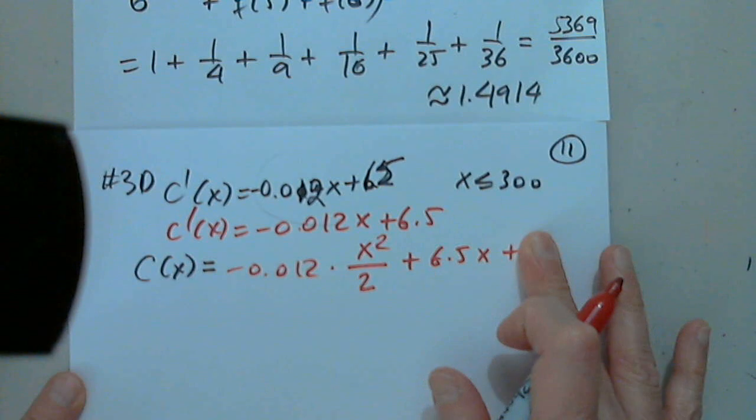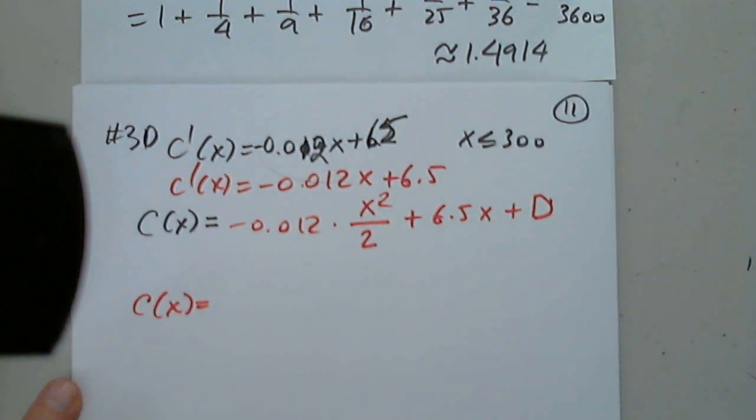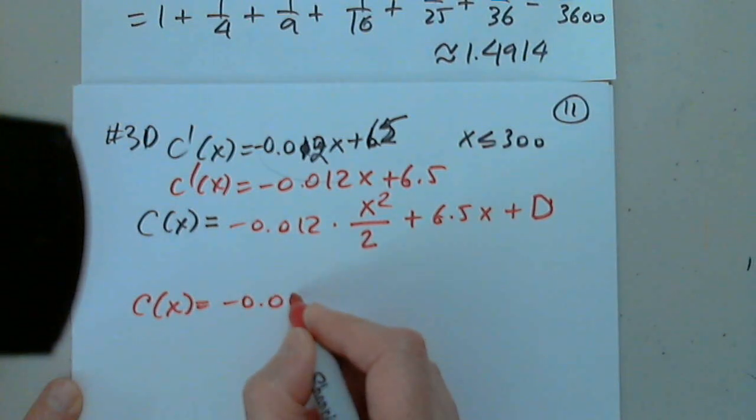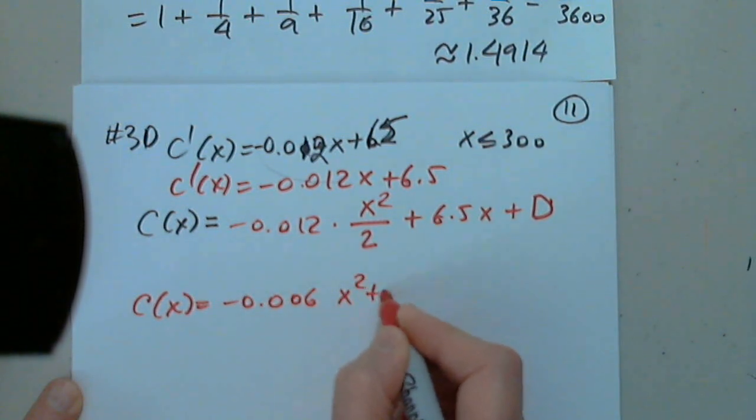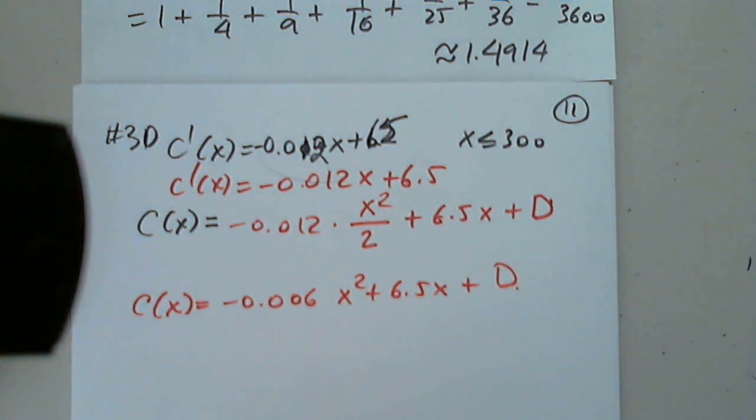This is just a constant. So C of x, the cost of x, is negative 0.006x squared plus 6.5x plus d. And we're asked now, find the total cost of roasting 200 pounds of coffee.